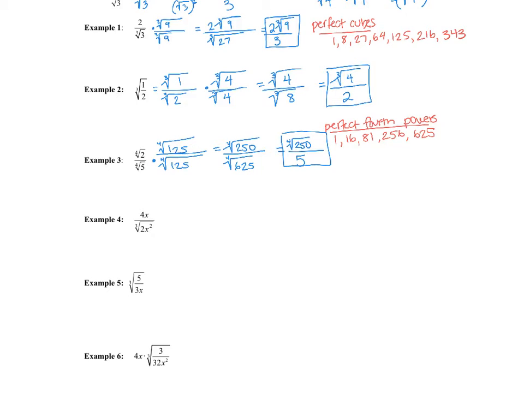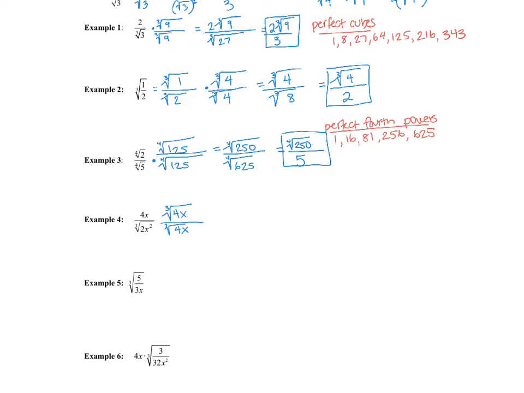So we know we're going to multiply the numerator and the denominator by the cube root of 4. That's going to be part of it because the cube root of 4 times 2 is going to give us that 8. Now we have x squared. We need an additional x to make that an x cubed. So I'm going to multiply by the cube root of 4x in the numerator and the denominator.